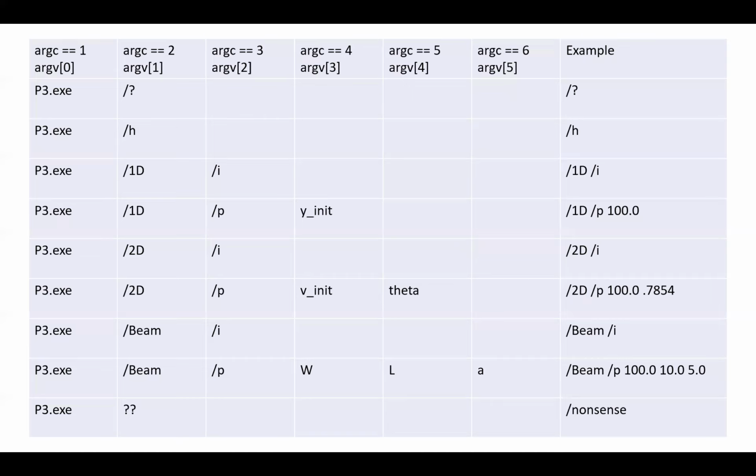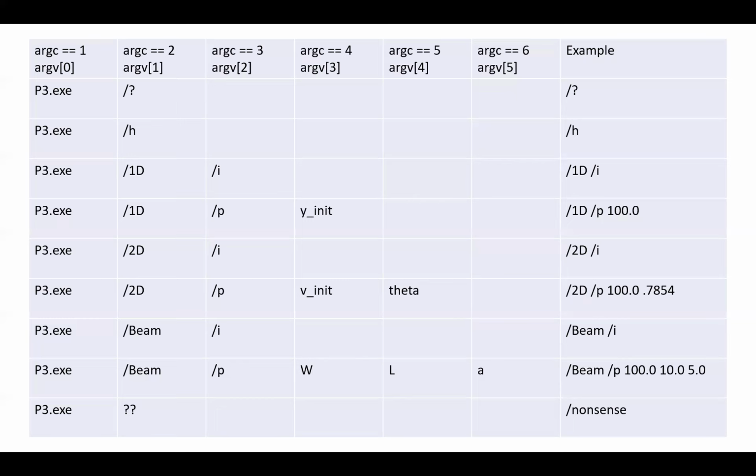Now, as we said in the instructions, if the user provides /1D, we then have to provide additional information, or in this case, an additional switch of either /I for interactive and /P for parametric. We're going to focus first on the /I.